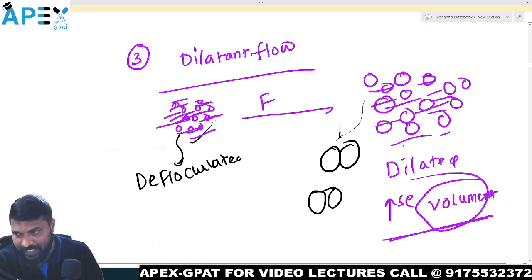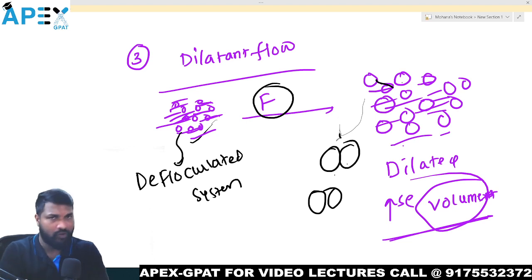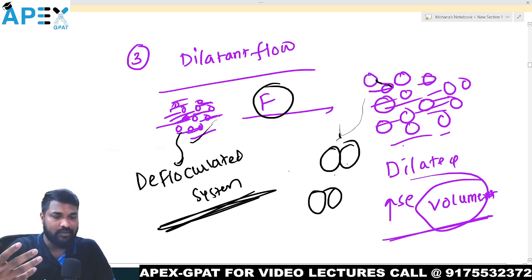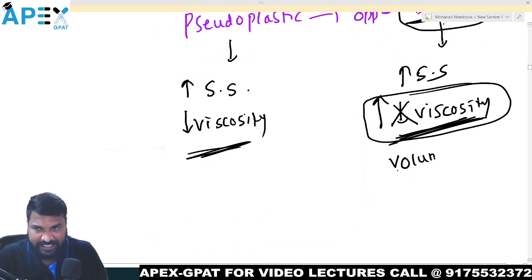They behave in a flocculated way, but it is not a flocculated system. It is the deflocculated system only. When the particles adhere together, viscosity increases. Here, volume and viscosity both increase.